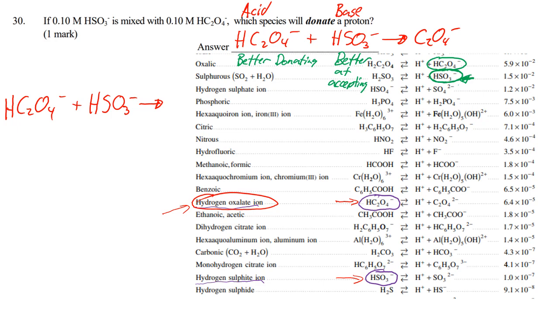If you just can't memorize it, since you chose this one as your stronger acid, what's it going to turn into? Just look at the table. It turns into that, C2O4 2 minus. Since HSO3 minus is the stronger base, what is it going to turn into? It's going to turn into H2SO3.